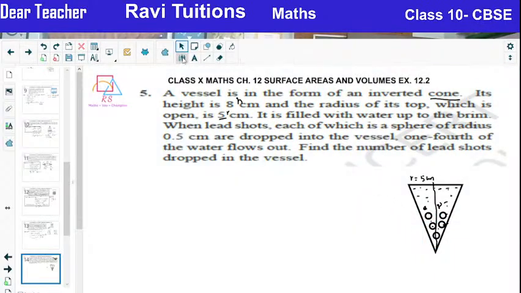Water will come out, kada. You have to use the Archimedes principle.